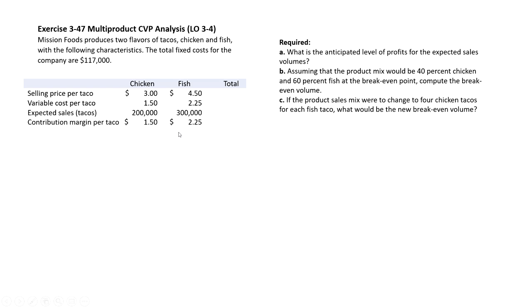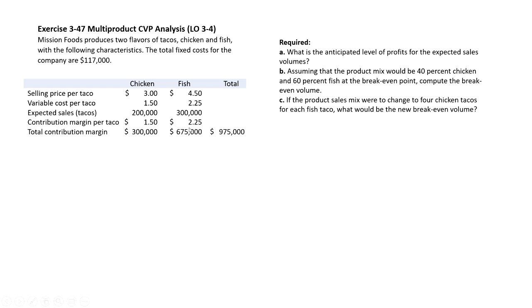I multiply the contribution margin per taco times the number of units I expect to sell, and I get total contribution margin dollars. For example, for chicken, $1.50 times 200,000 chicken tacos is 300,000 in contribution margin.